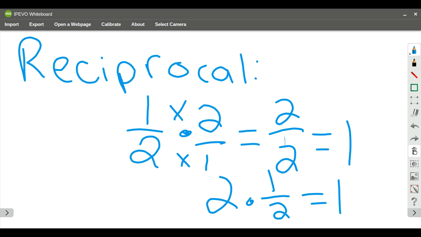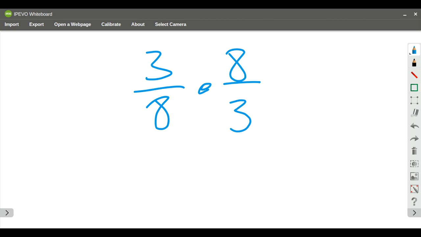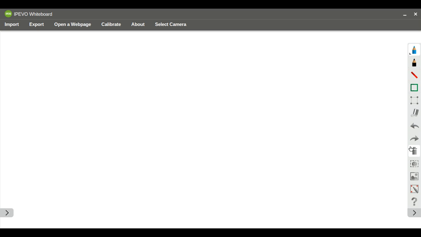Another way to think about a reciprocal is the fraction flipped. If I have 3/8, I flip my numerator and denominator to get the reciprocal, so the reciprocal of 3/8 is 8/3. Okay, so just keeping that in mind as we get going.